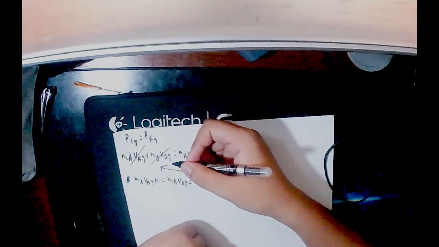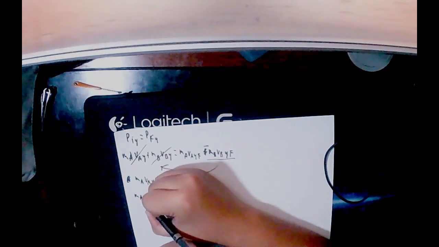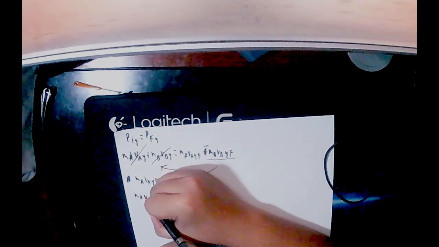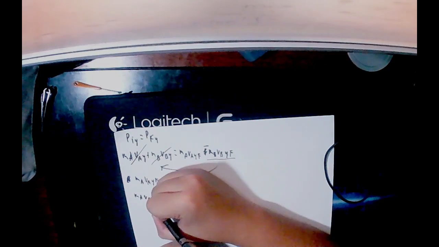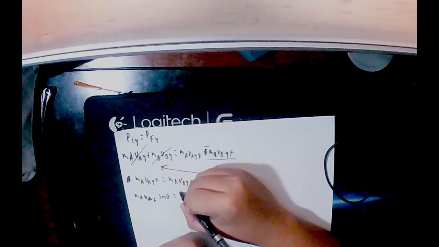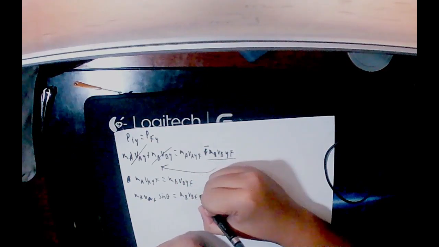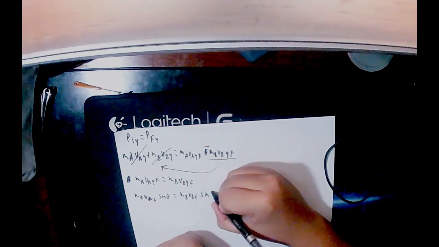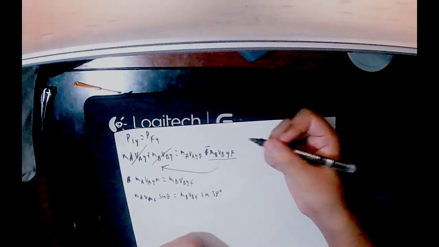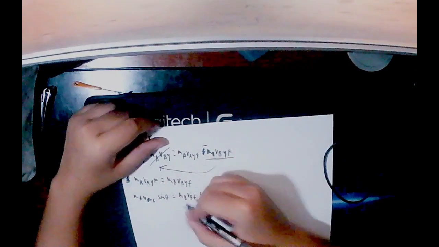Okay. Susunod naman natin gagawin dyan ay M sub A times V sub A final sine theta is equals to M sub B times V sub B final times sine 38 degrees. Okay? So, ang kailangan na lang matira sa side na to is yung sine theta.